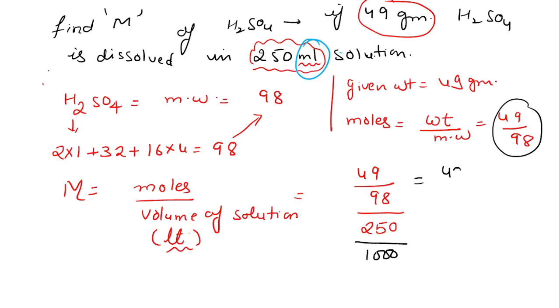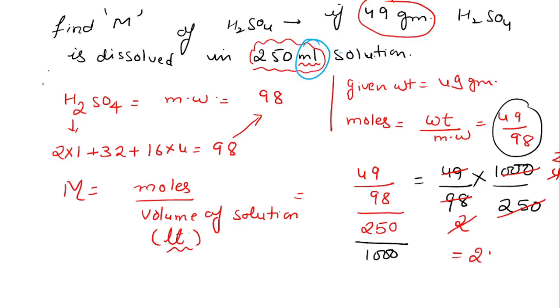Now 49 upon 98, this 1000 goes upside and this 250. 250 and 1000 gives 4, and 49 divided by 98 is a half, and 2 into 2 is 4. So the molarity is 2 molar. This is the answer. I hope you can understand this question.